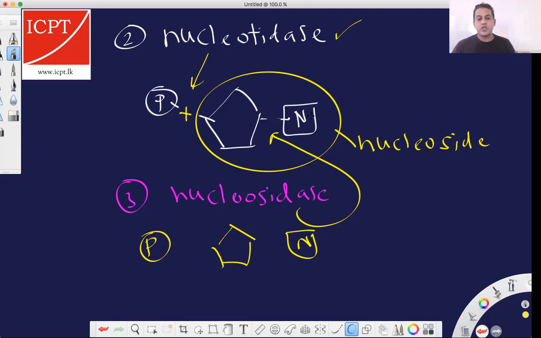Then the third one, nucleosidase, digests nucleoside to make pentose sugar and the nitrogenous bases. Clear? Fine. There is another enzyme which is not much described. I also mentioned here that enzyme, maybe you need this knowledge of that enzyme.